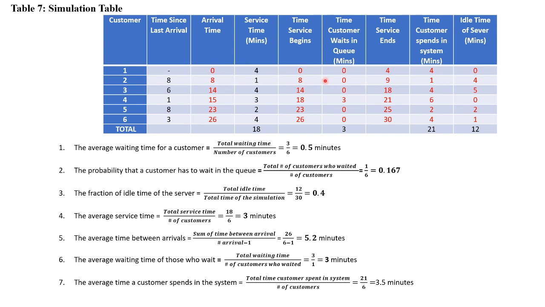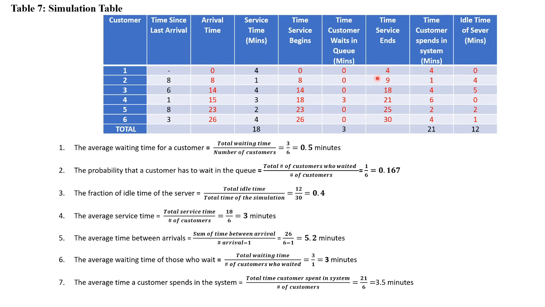All right. Then the time the customer waits in the queue is 0, because when customer 2 came in, nobody was being served, so customer 2 didn't have to wait at all. The server attended to customer 2 instantly, so there's no waiting time in the queue.